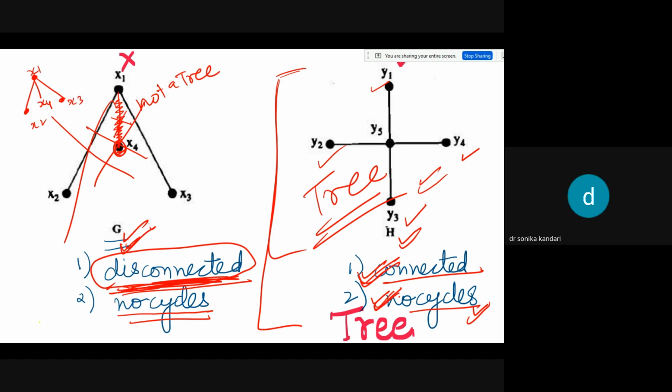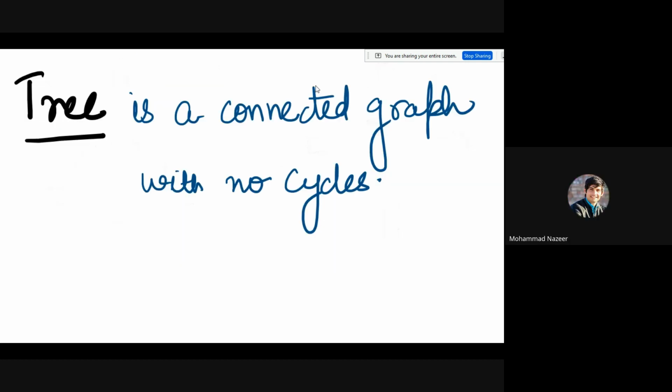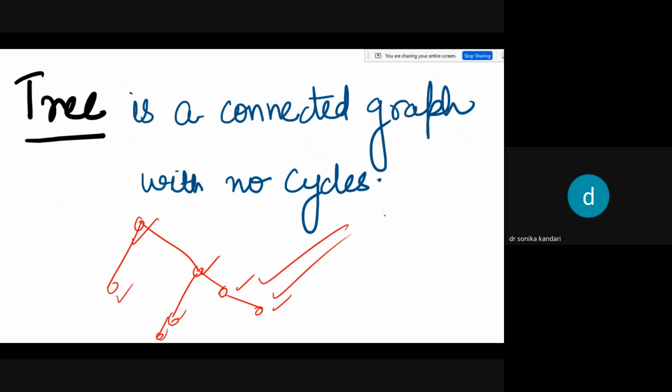Is it clear? Yes, ma'am. All the components should be connected. See here, all components are connected and there is no cycle. So we can say this is a tree. So the property of a tree means there should not be any disconnected component.